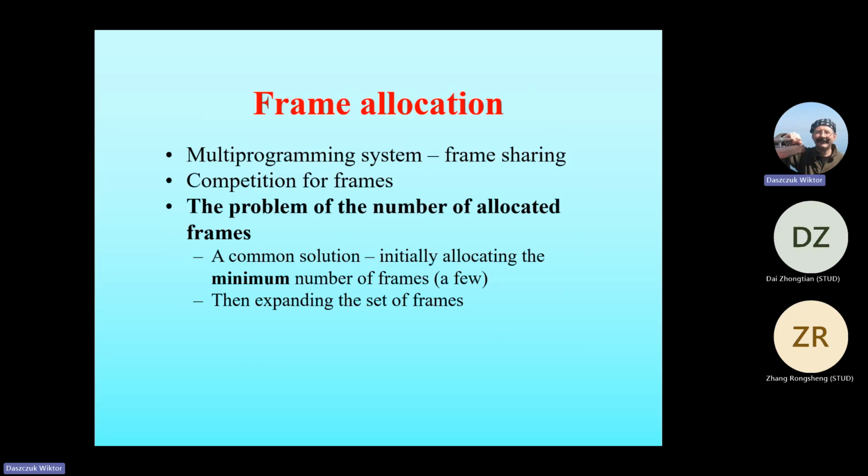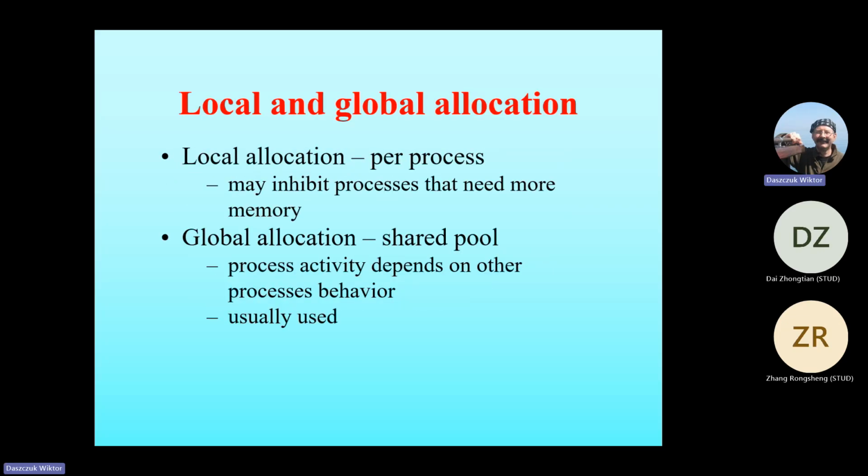So because processes compete for frames, and of course every program will have as large a set of frames as is possible, and even if it gets a smaller size of the set of frames, it needs to be enlarged during execution to better fit the needs of the given program.